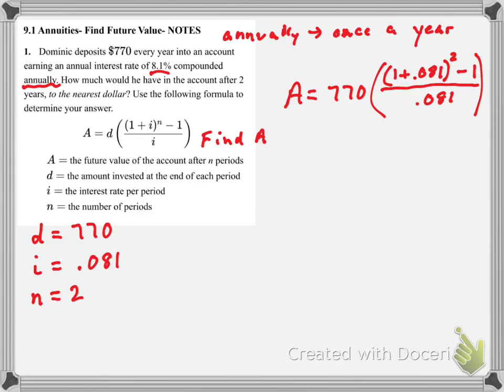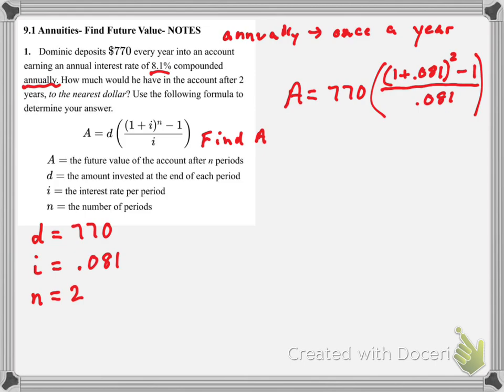So now we got to plug this into the graphing calculator, the yellow calculator. We're going to do 770, parentheses, and then we're going to make a fraction. So we're going to hit Control Divide, so that gives us a fraction.